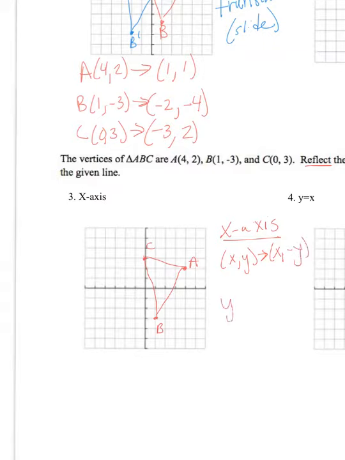And when you have it over the y-axis, I know that's not on this worksheet, but just in case you need it for your final, you have your original coordinate and you change it to negative x, y. And I'll show you how to do that really quick.